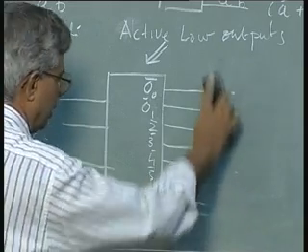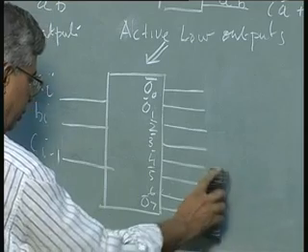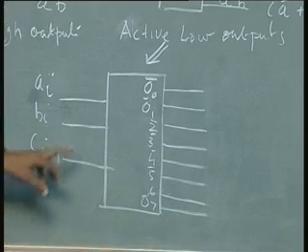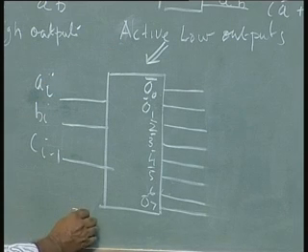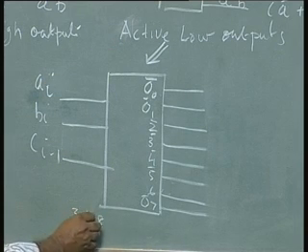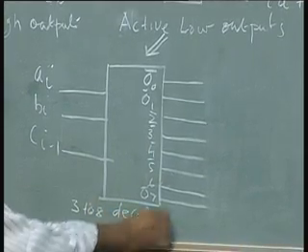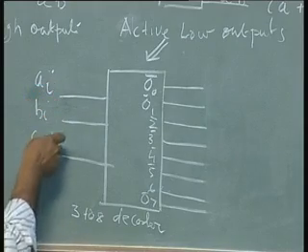How are we going to get the same function implemented? How are you going to get the full adder using this 3 to 8 decoder with active low outputs, inputs being AI, BI, CI minus 1?